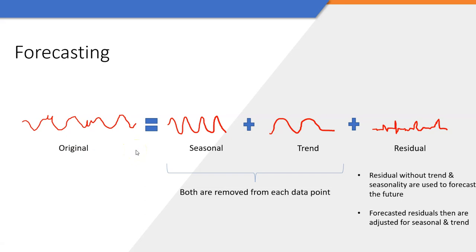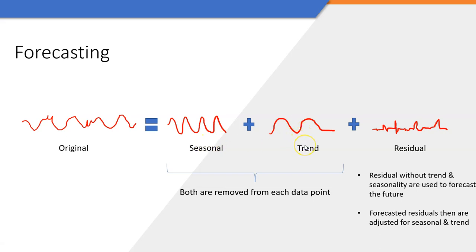For the purpose of forecasting, we first need to remove seasonal and trend components from the original data set. The seasonal and trend are removed for each and every data point. Please note, seasonal is short term in nature and trend is more long term in nature.